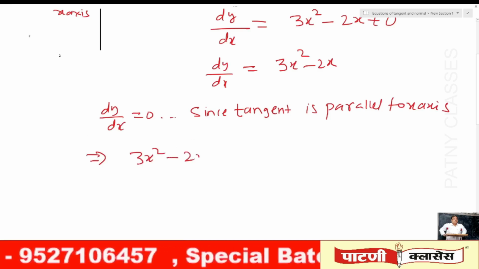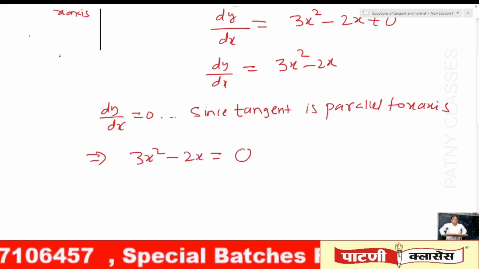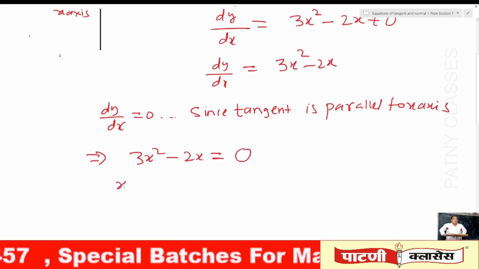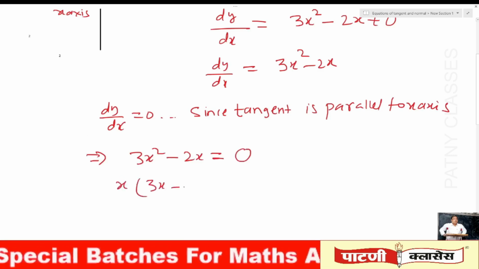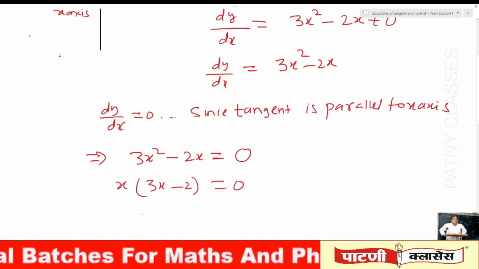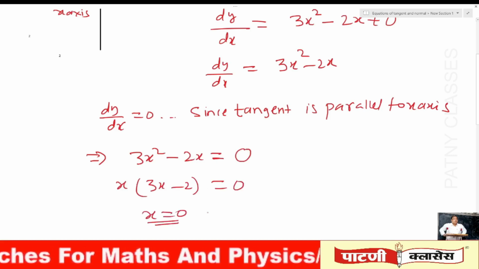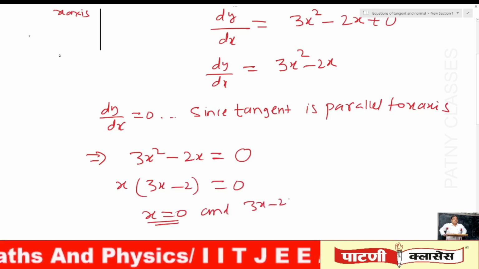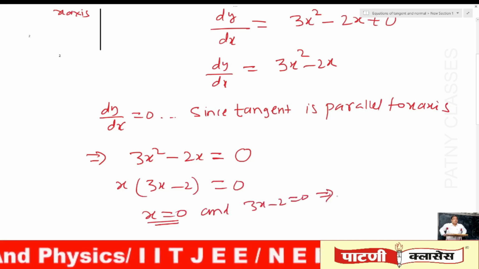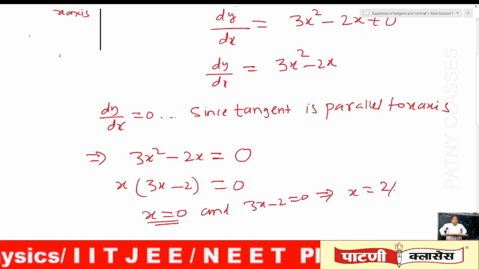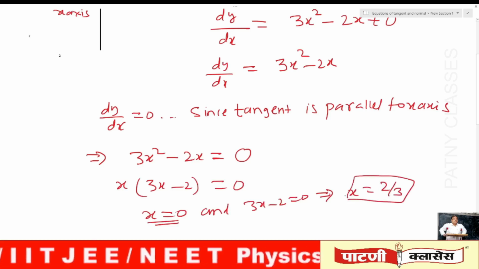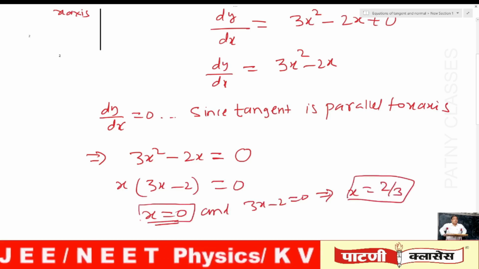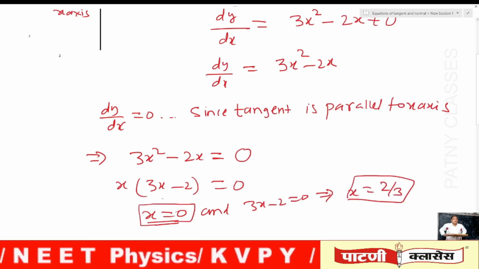So putting this in place of dy by dx and equating it with 0, x is taken common: x times 3x minus 2 equals 0. We get x equals 0, and 3x minus 2 equals 0 implies x equals 2 by 3. So we have x equals 0 and x equals 2 by 3.